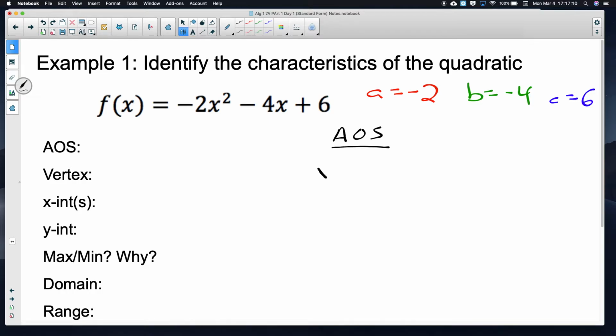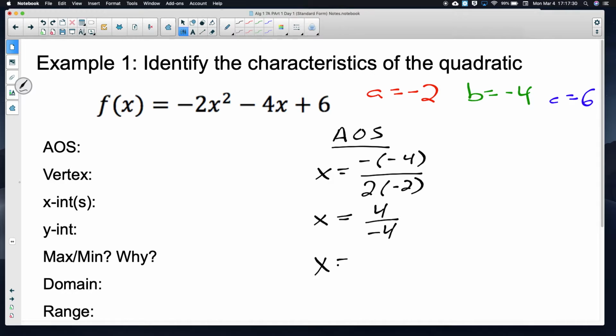Our axis of symmetry is going to be x equals negative b, so negative 4, over 2 times a, so 2 times negative 2. If I simplify this, negative 4 is positive 4, and 2 times negative 2 is negative 4. So my axis of symmetry is x equals negative 1.